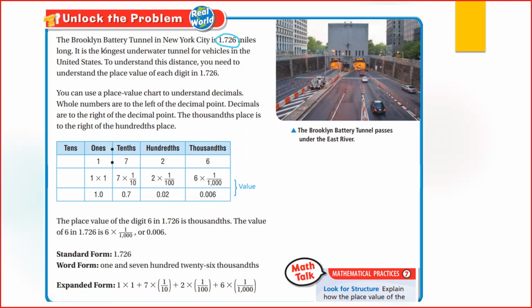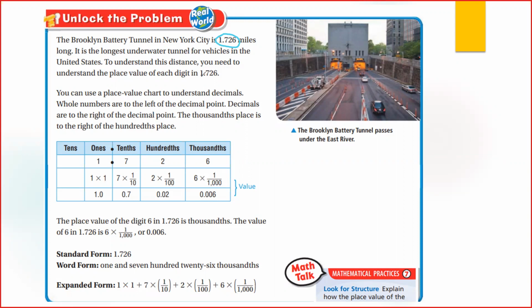It is the longest underwater tunnel for vehicles in the United States. To understand this distance, you need to understand the place value of the digits. So they told you that in order to understand the distance, you need to understand the place value.